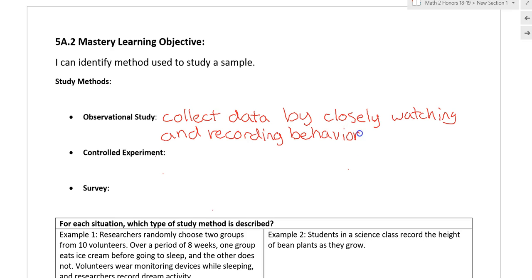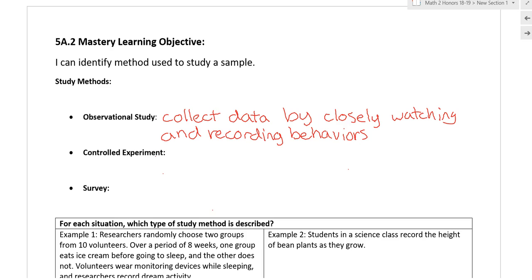Now, behaviors is a very general term. If I just watch people walk by and see if they're blonde or not, I'm technically just watching and recording down what's happening, and that's part of just an observational study.